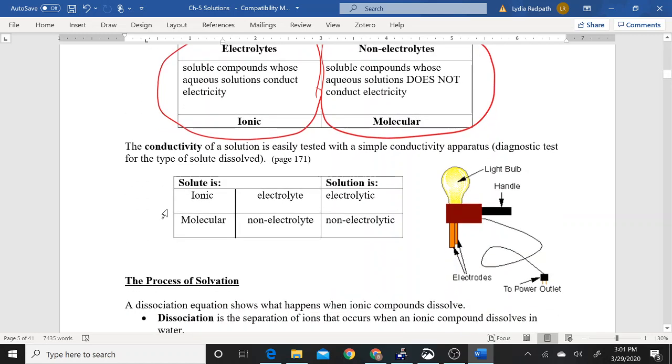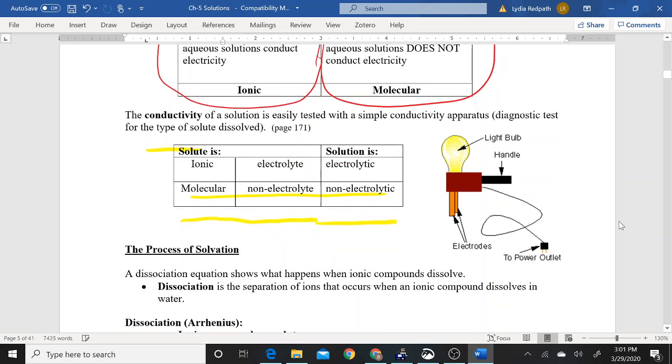When we talk about conductivity, conductivity is how much electricity it can actually conduct, so how well it conducts electricity. And again, if the solute is ionic, it's an electrolyte, and the solution we would say is electrolytic. If the solute is molecular, it's going to be a non-electrolyte, and we would say that the solution is non-electrolytic.